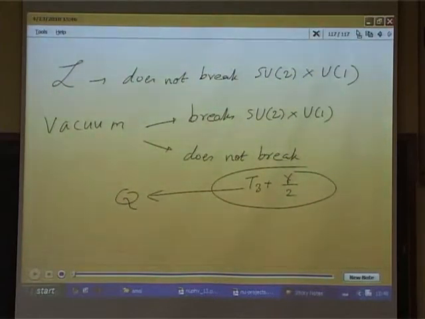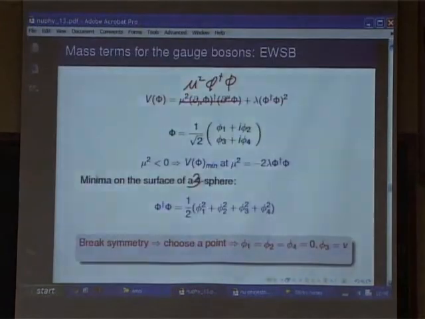So what did we do? We broke our SU2 plus U1 symmetry in such a way that an object was conserved. So this goes back to why I chose this particular combination. If I had chosen some other combination, the configuration would be different. If I had chosen phi1 to be non-zero, then I would have had positively charged objects everywhere. And I know that doesn't happen.